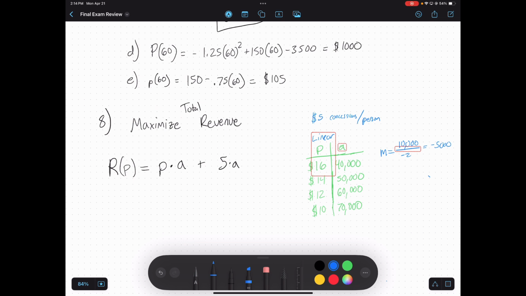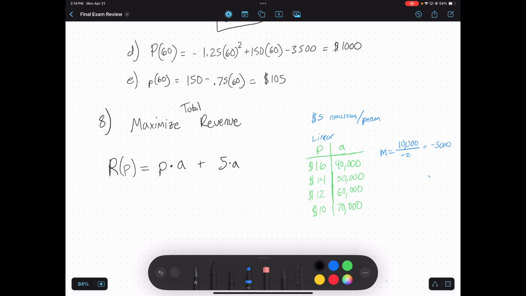Okay. And so now, to create my equation, I can go a couple different ways from here, depending on what's easier for you. I could just keep going with my table until I get to, hey, what's the attendance at a price of 0?